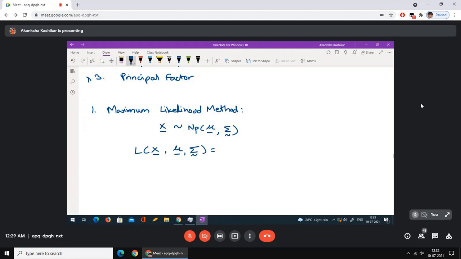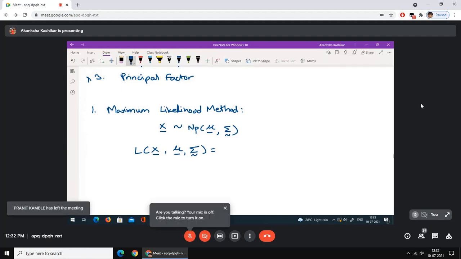We have not yet studied the multivariate normal theory, but I believe most of you have had an introduction to at least the bivariate normal distribution. Is there anyone who has not even seen the PDF of the bivariate normal distribution? Okay, so I assume everyone has seen it, and multivariate normal is just a generalization of that.